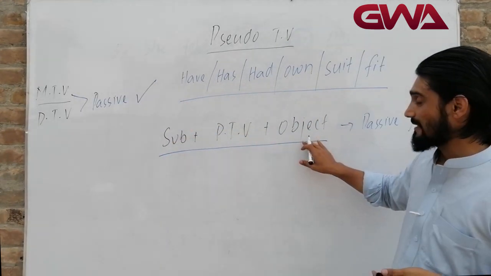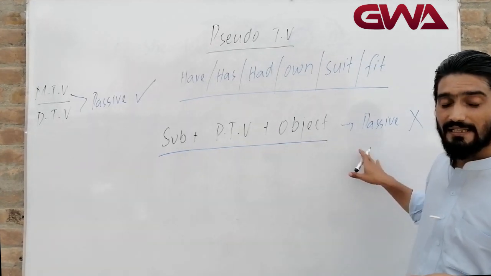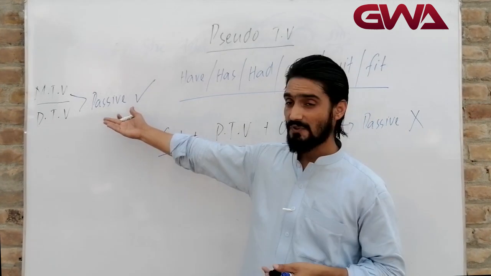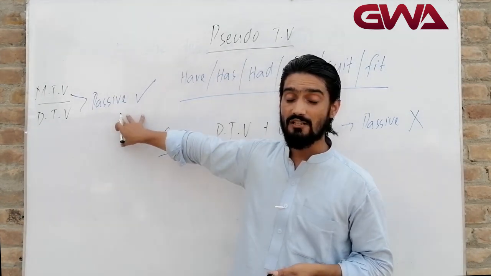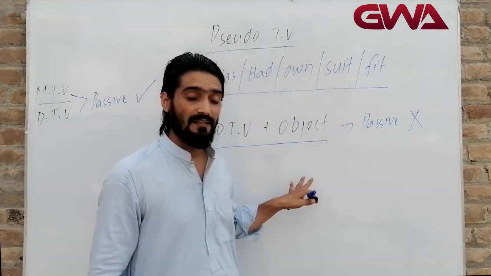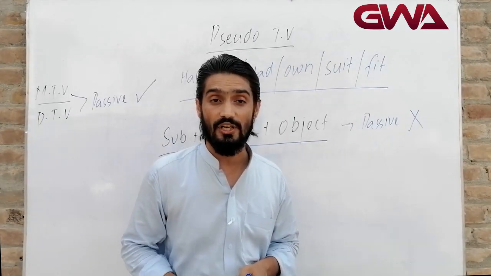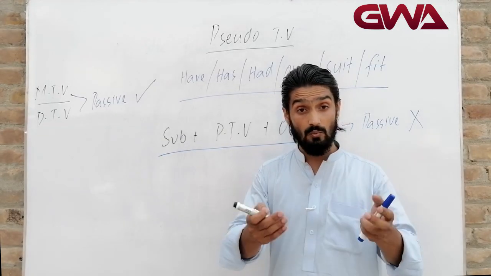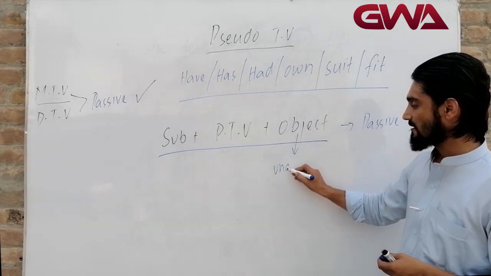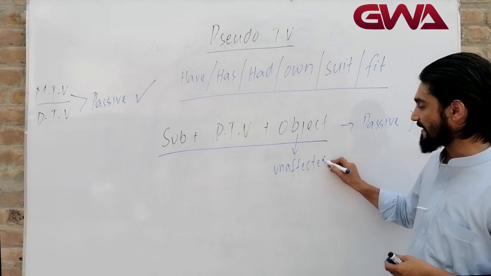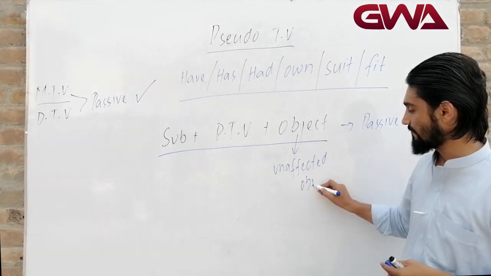But it cannot be changed into passive voice. Mono transitive verb and ditransitive verb can be changed into passive voice, but pseudo-transitive verb cannot be changed into passive voice. Now, what's the reason? The reason is that this object is called an unaffected object.